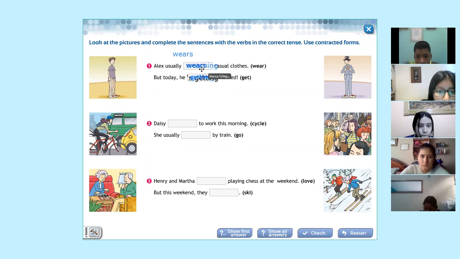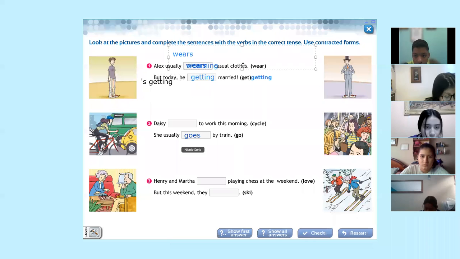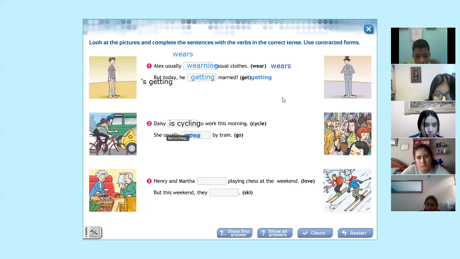Okay, continue. You have a lot of space, girls. Don't rewrite right there. You have a lot of space. Okay, let's do it. Very good.